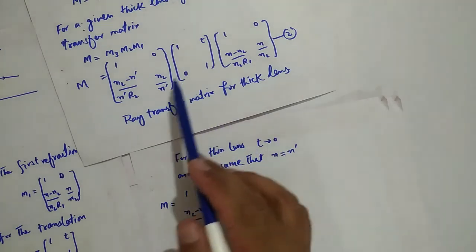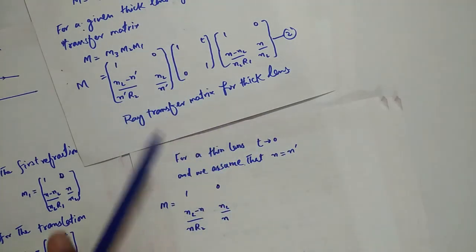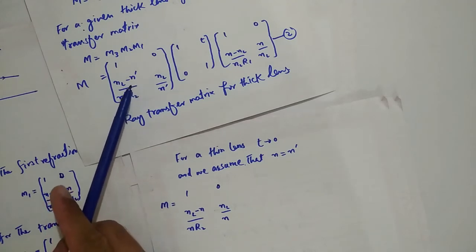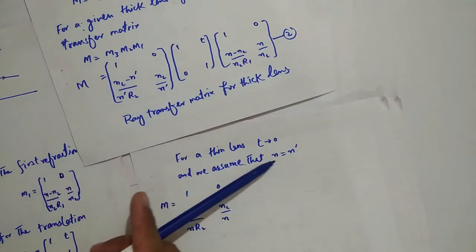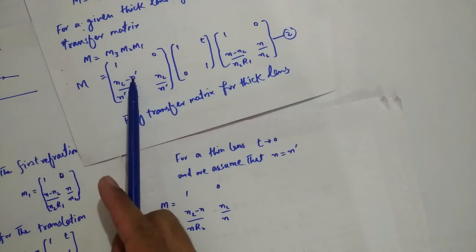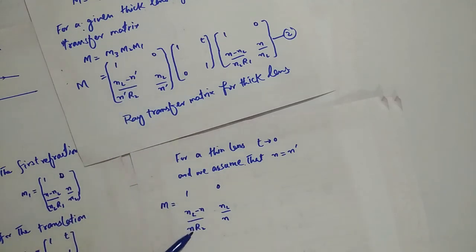Here we have supposed that n prime is equal to n, so I have just replaced n prime by n here.